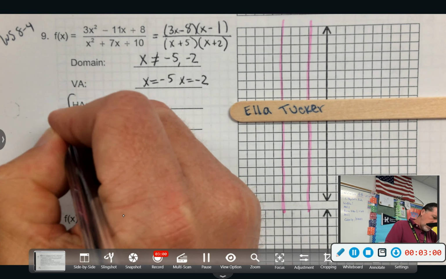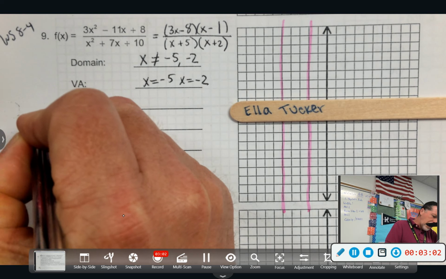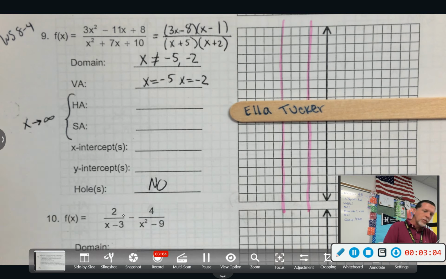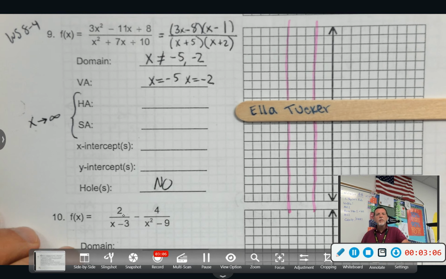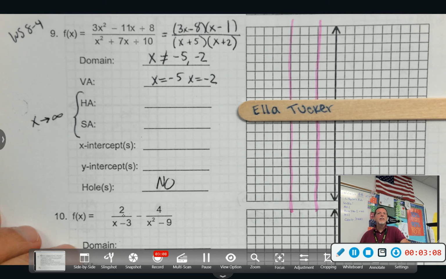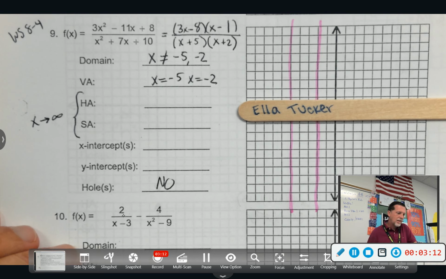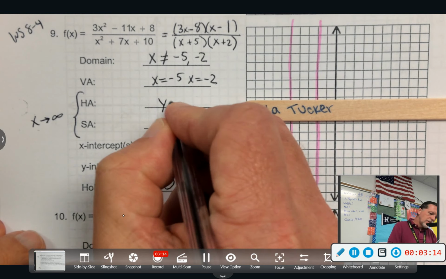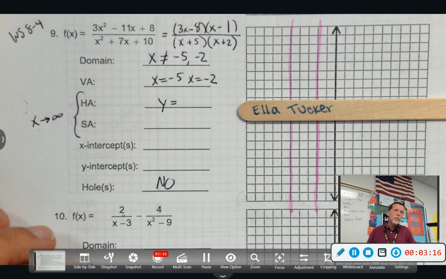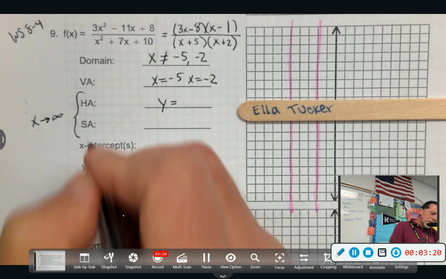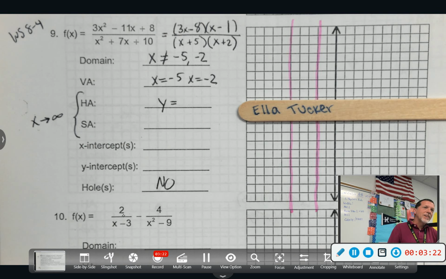Ella, for the HA or the SA, that's what happens at the ends when x gets really big. What's going on here? Horizontal asymptote. Yes? Is y equals 1. Horizontal asymptote, yes, is y equals 1. Is it top-heavy, bottom-heavy, or equal co? What case are we doing?